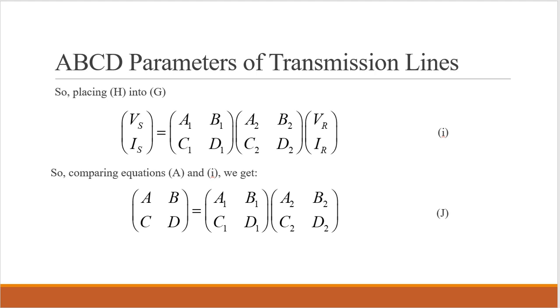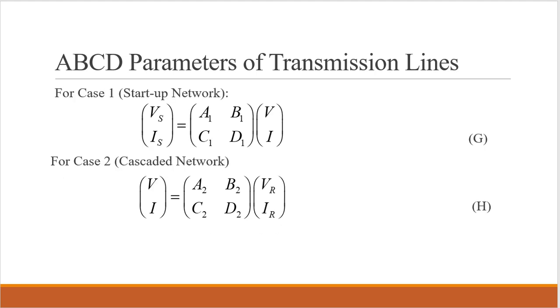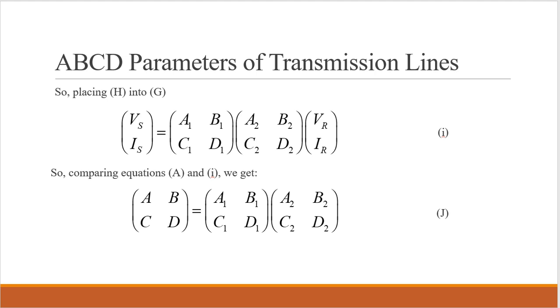This value basically represents the value of V and I in equation G, right? So we have put this value here, and as a result I have obtained this A, B, C, D value equal to this expression, A1, B1, C1 and D1 times A2, B2, C2 and D2. How have we found this equation J?